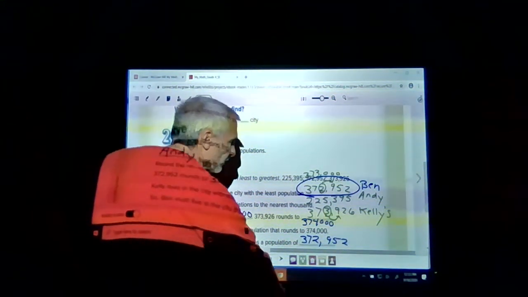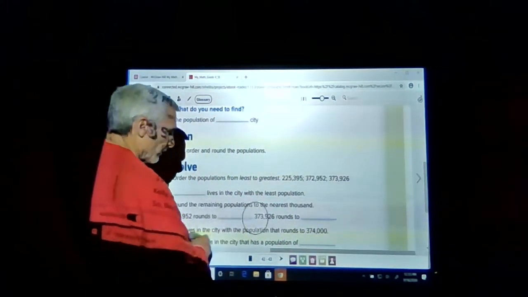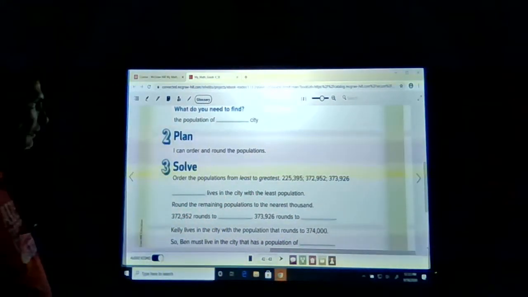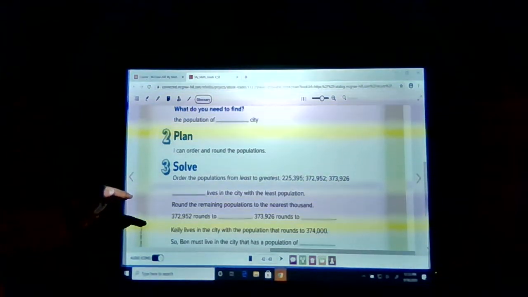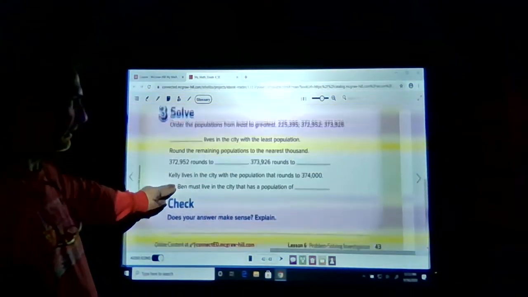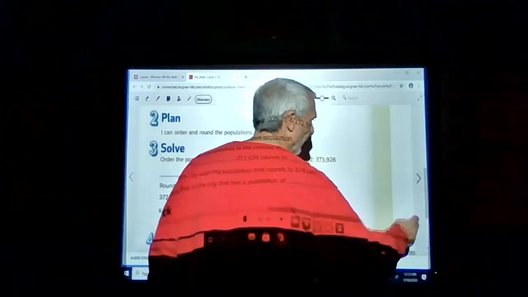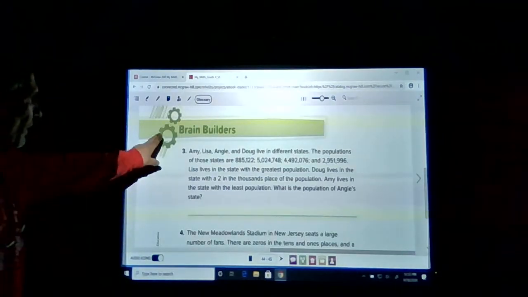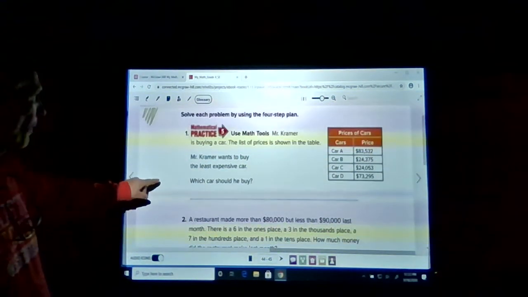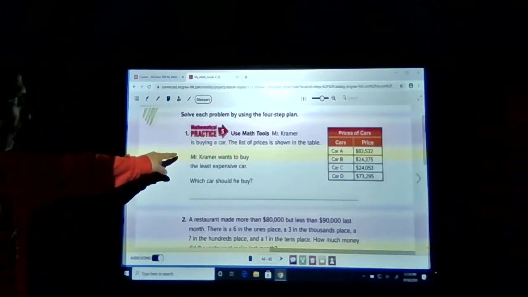So look at the information that you have. Circle what you need to know. And then it's going to take a little bit of work. This is quite a bit right here. But you know what? If we know our place value and we keep it simple, we can do it. Let's take a look at number one, next page.